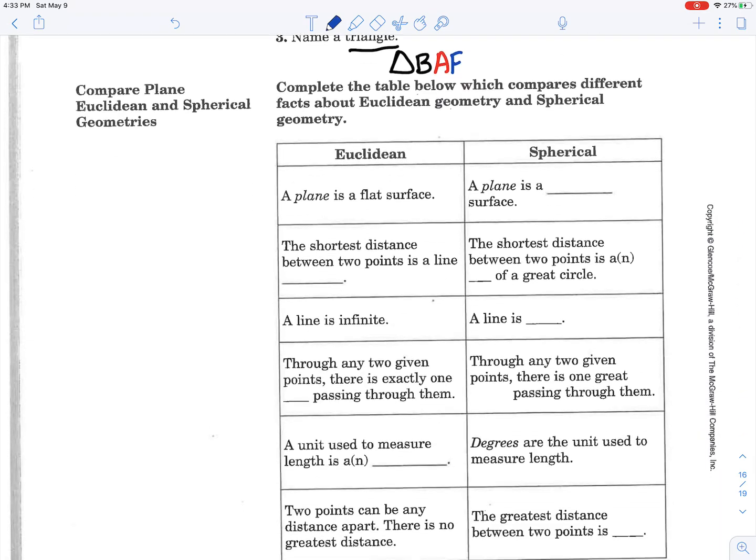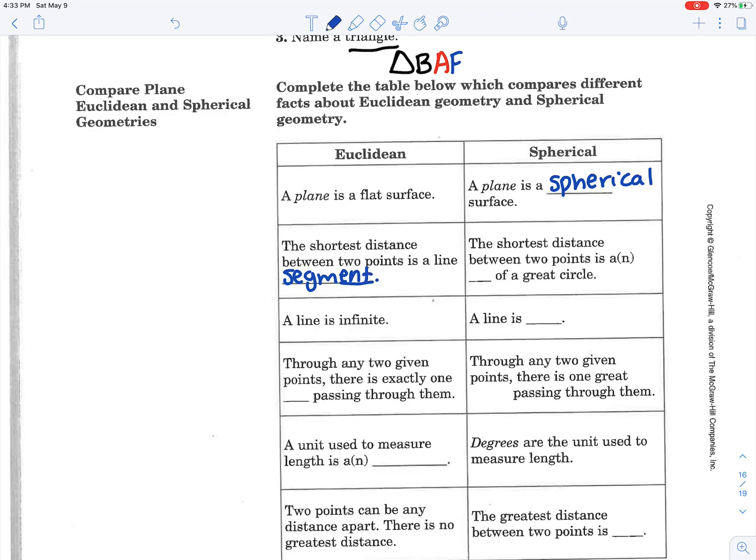So let's continue to compare so you can see the differences between these two geometries. In Euclidean geometry, a plane is a flat surface, whereas in spherical geometry, the plane is the spherical surface. In Euclidean, the shortest distance between two points is a line segment.